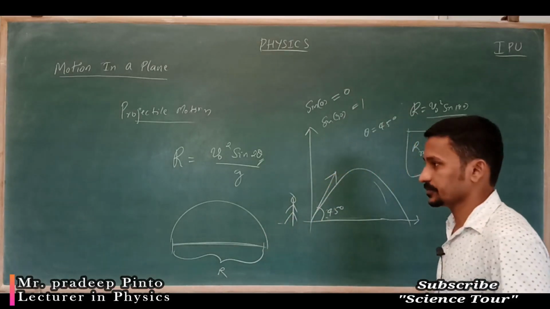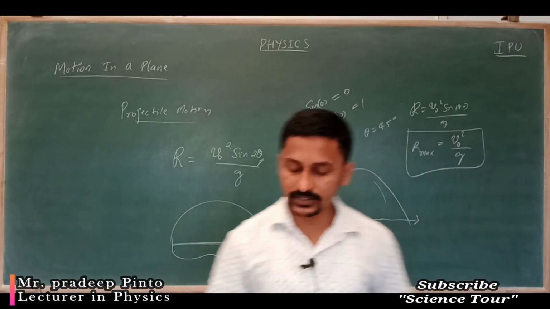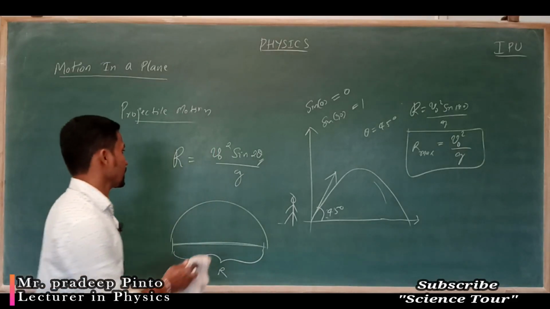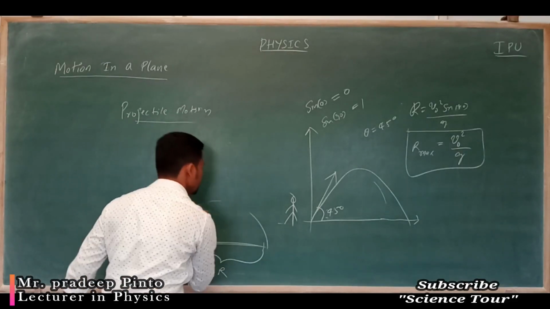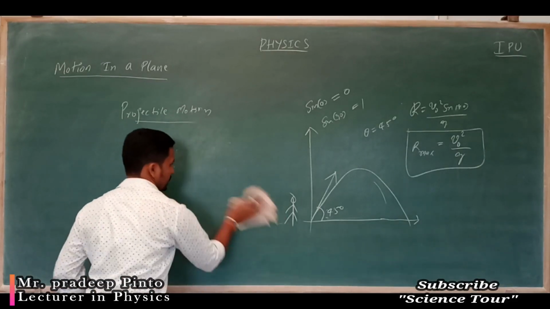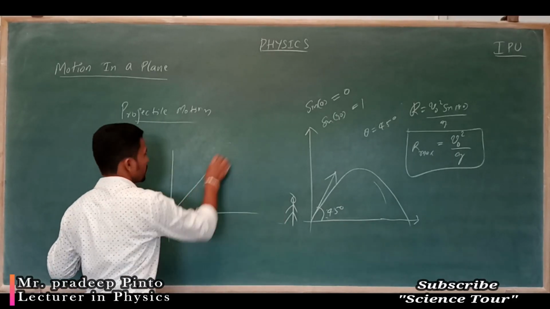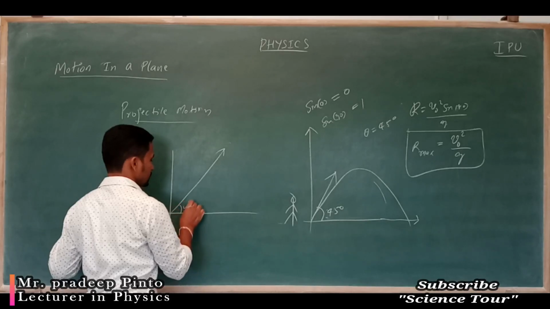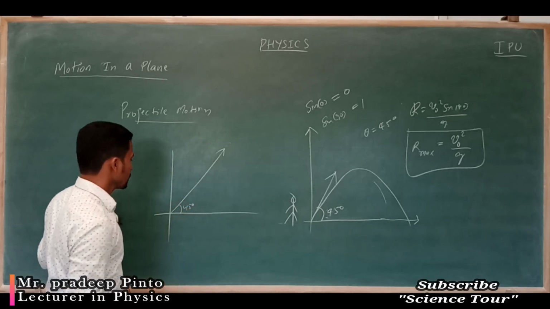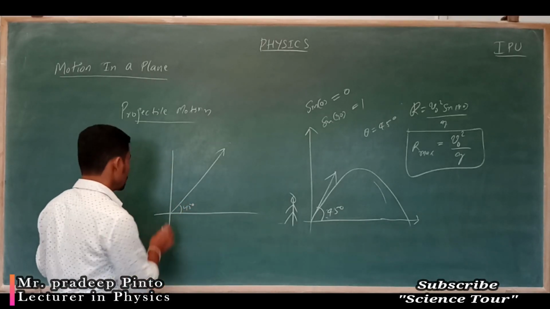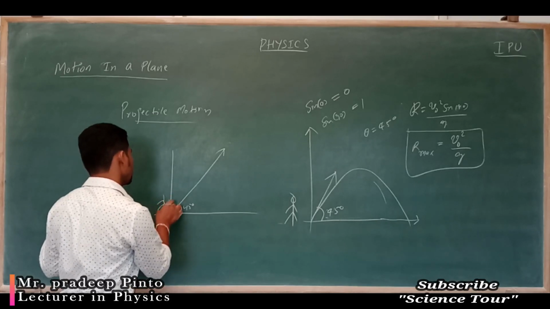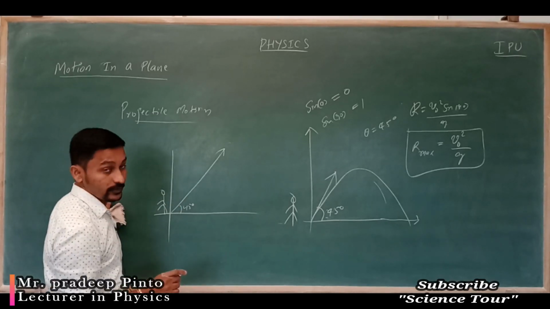Now there are several things. I will erase this. So this is 45 degrees, right? You will throw with the same velocity. See, you and your friend are both throwing with the same velocity.